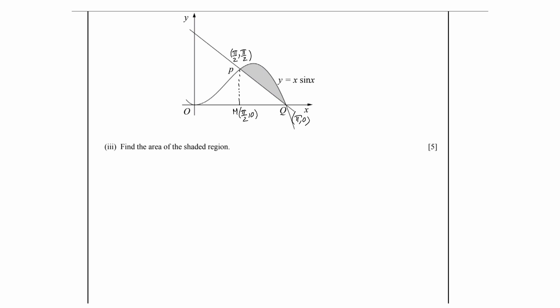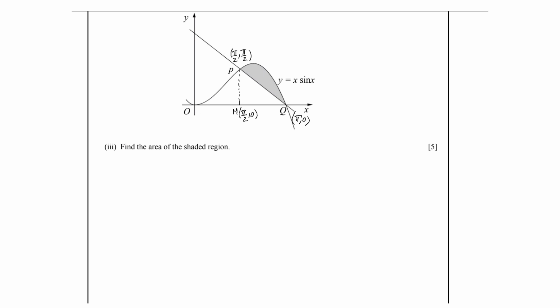Now if we integrate the equation y equals x times sin x from x equals pi by 2 to x equals pi, we will get the area under the curve from x equals pi by 2 to x equals pi. But this area will also include the area of triangle PMQ, which is not shaded.